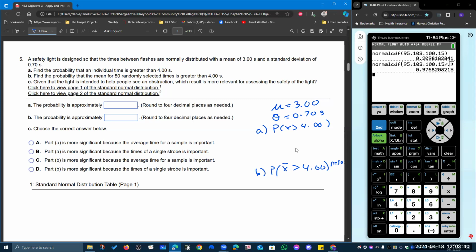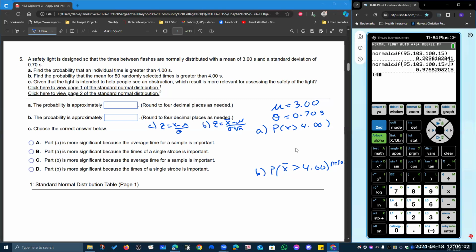So let's change this to a z value. Z is going to be equal to x minus mu over sigma for part A. And for part B, z is equal to x bar minus mu over sigma divided by the square root of n.